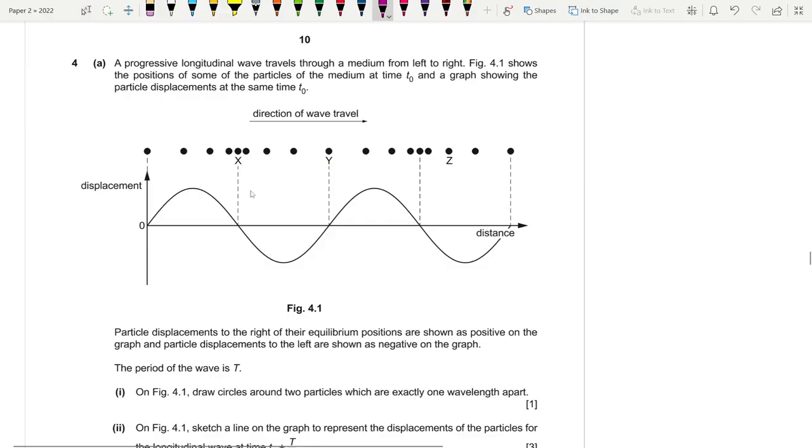So basically what they mean by this is, you know that a longitudinal wave vibrates like this. The energy is propagated in this way and the vibration is like this. So essentially what they mean is, there was an MCQ like this recently in the ON22 paper. Like here the displacements to the right are shown like this basically, and displacements to the left are shown like this.